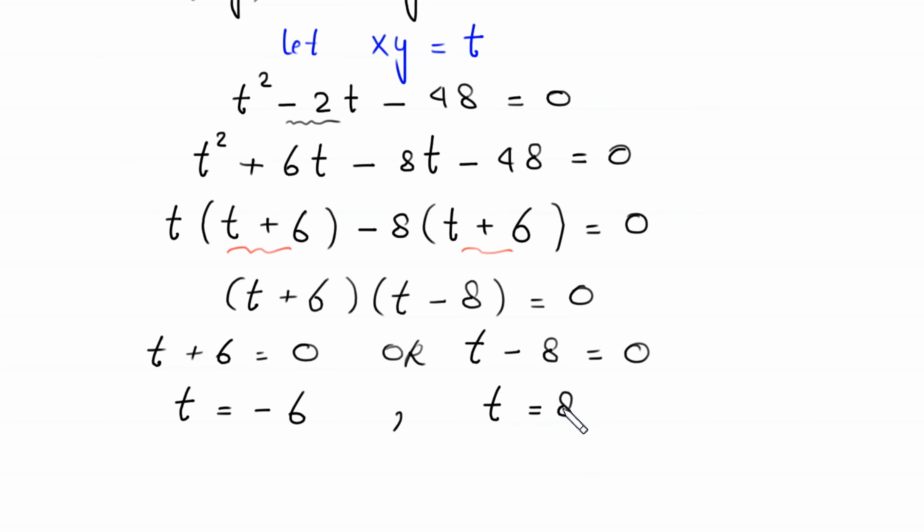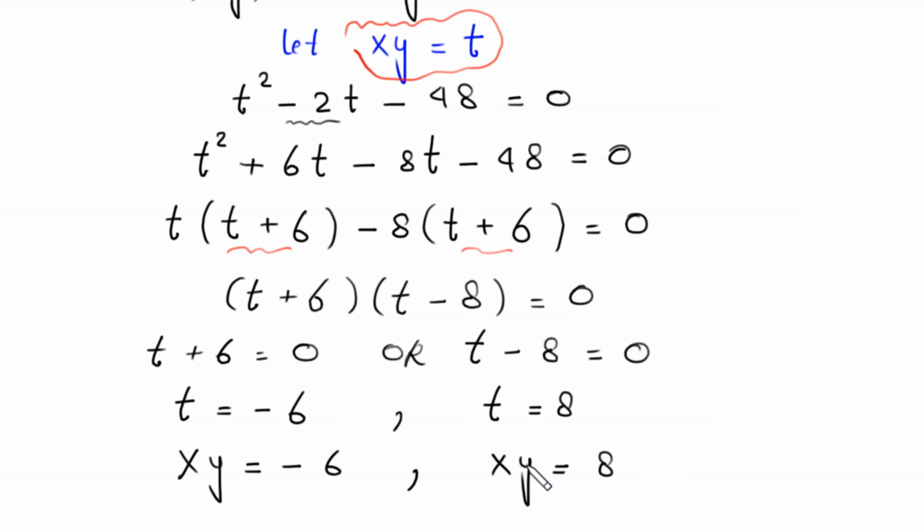And we have supposed that x times y is equal to t, which means that we get two values of xy. The first one is negative 6, and the second one is x times y is equal to 8. Now we recall equation number 3.